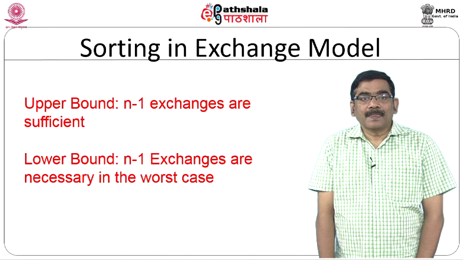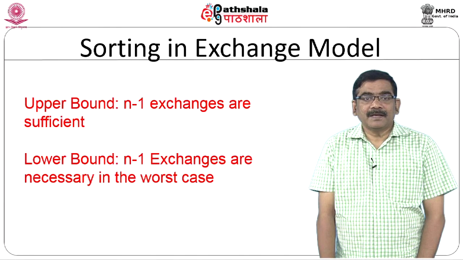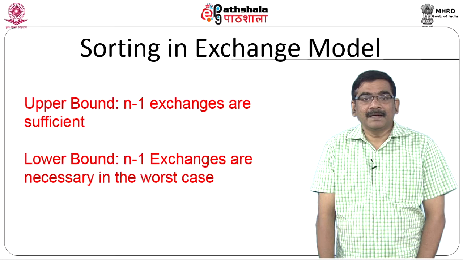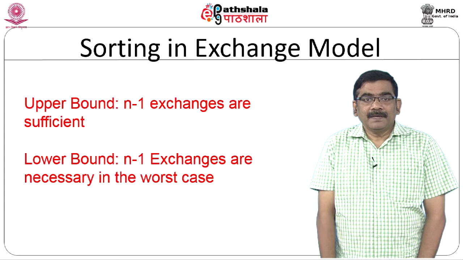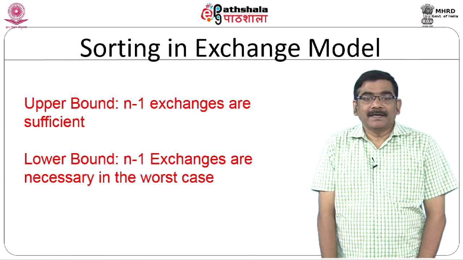So, if we have a sorting problem, then what is the lower bound and upper bound in the exchange model? Upper bound, you require at most n minus 1 exchanges.